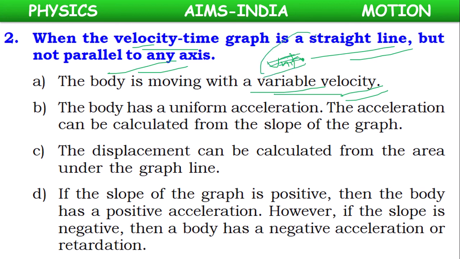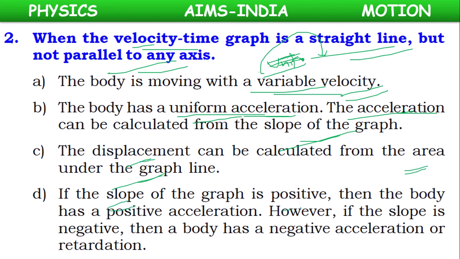That change happens in a systematic manner. So we can call it uniform acceleration. The acceleration can be calculated by the slope of the graph. Displacement can be calculated by the area of the graph.